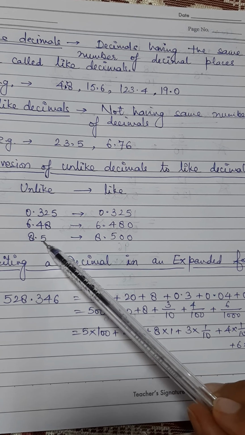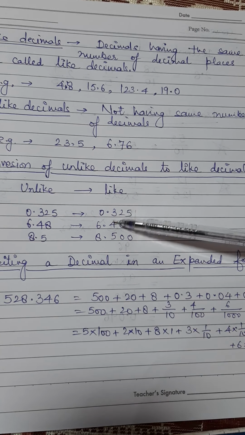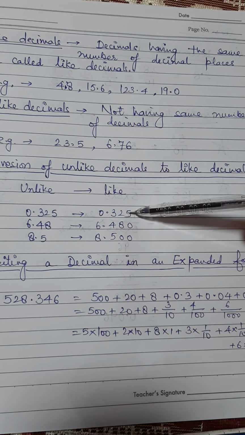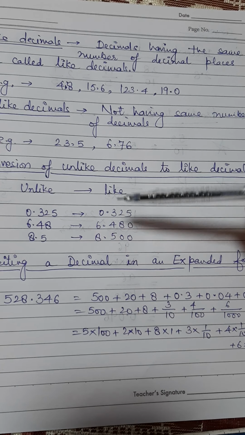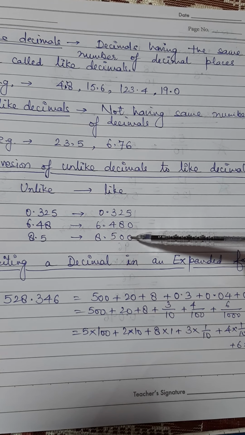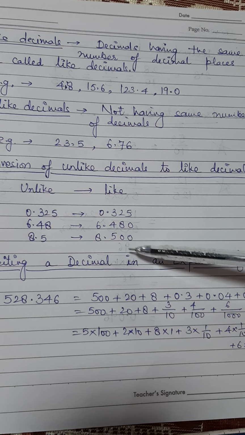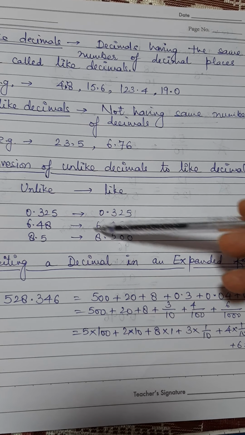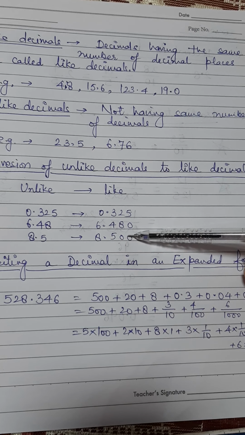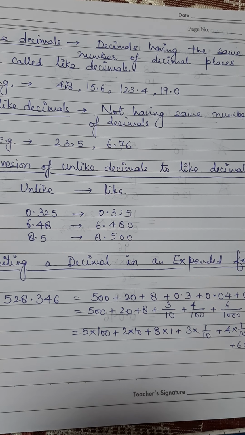In this we have 1. Right? And I have converted. We have 3 decimal places at the most. So I am making these two into 3 by putting a 0. In the third one I put two zeros. So all these now have 1, 2, 3 decimal places, and they become like decimals.